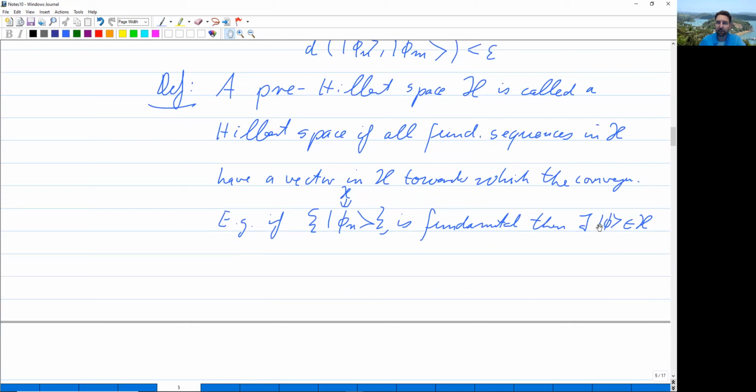So if it is fundamental, then there has to exist a phi such that the limit for n going to infinity of the distance between phi n and the vector phi goes to 0. And that's an ordinary convergence of numbers now, right? The distance between two vectors is the length. Such that this distance goes to 0. Okay.